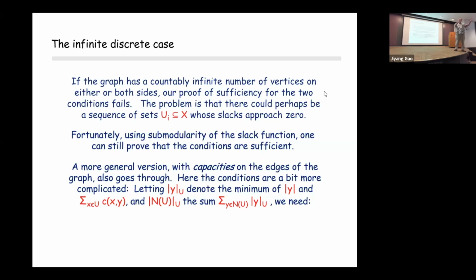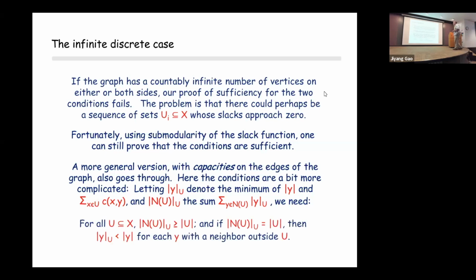Then if you restate the conditions in the obvious way, you get something which works for capacitated flows even at infinite, but still discrete. All right, so this is what the conditions then look like.